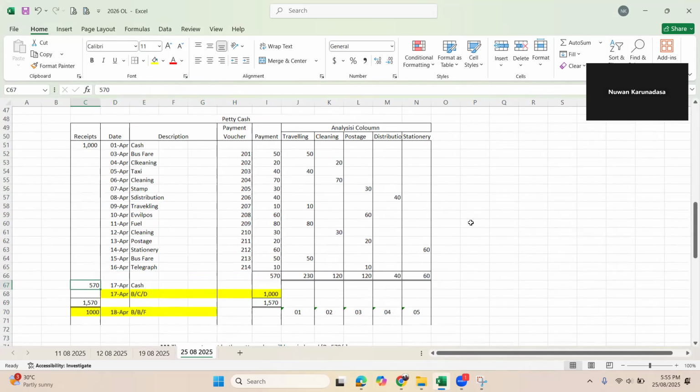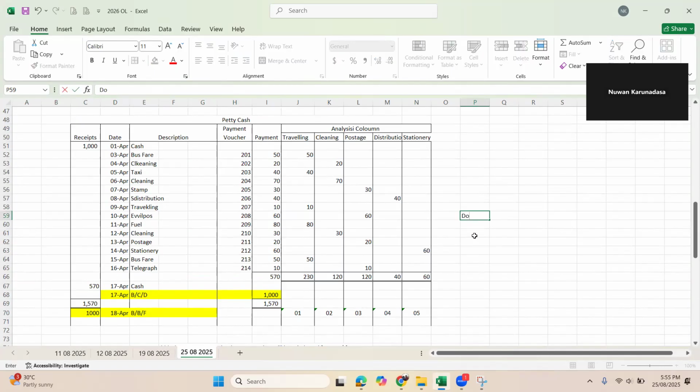Then the double entry for reimbursement is petty cash account debit. Here initially we have received 1,000.